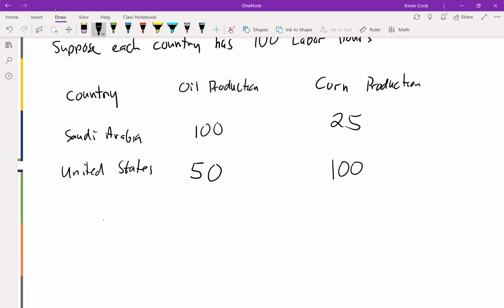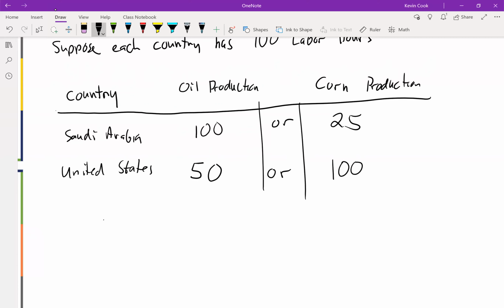So as we look at this, we're going to say that Saudi Arabia can produce 100 oil or 25 corn, and the US can produce 50 oil or 100 corn. And we have other ways we can distribute that. We can have them each make some smaller number of each.